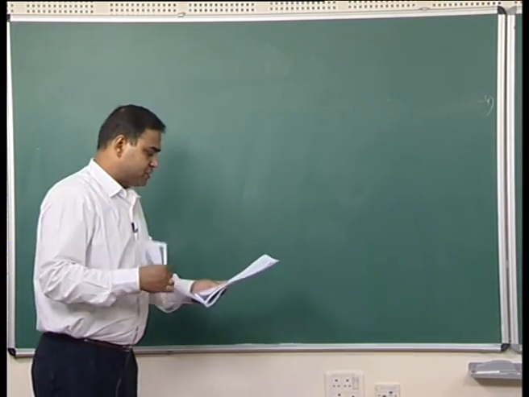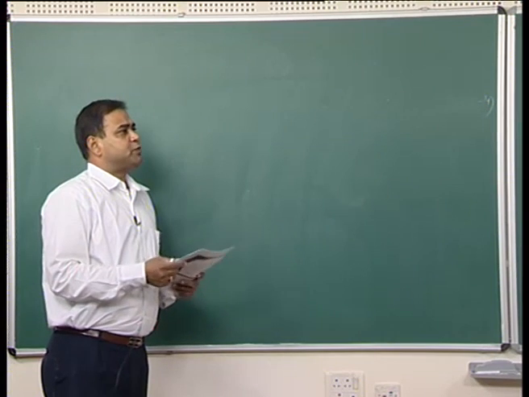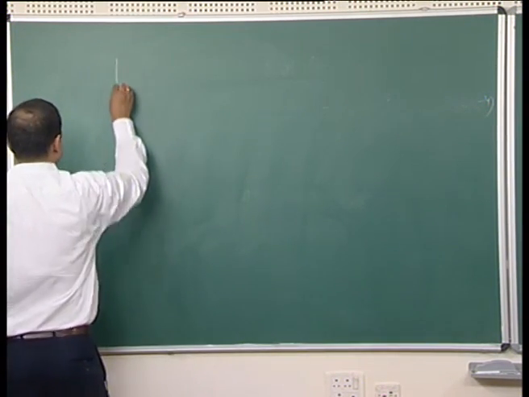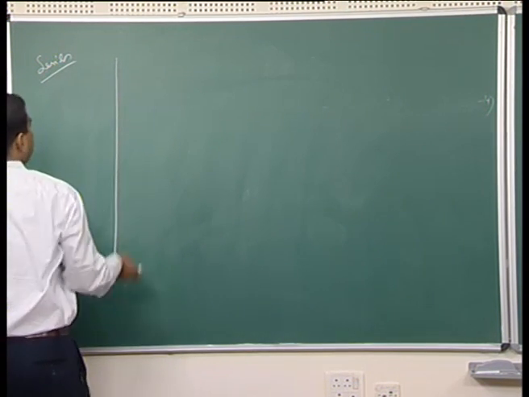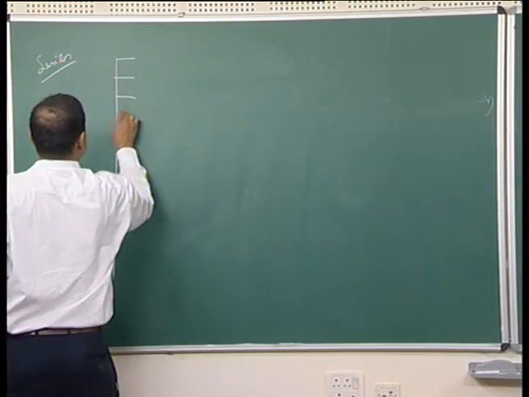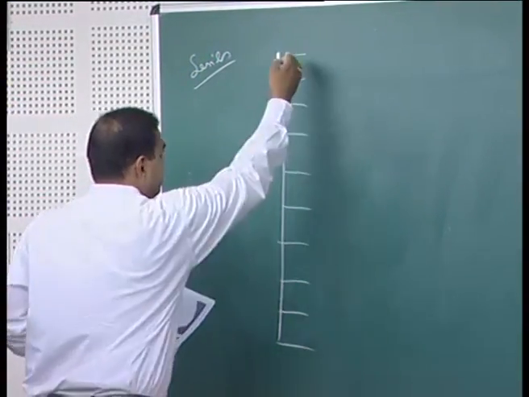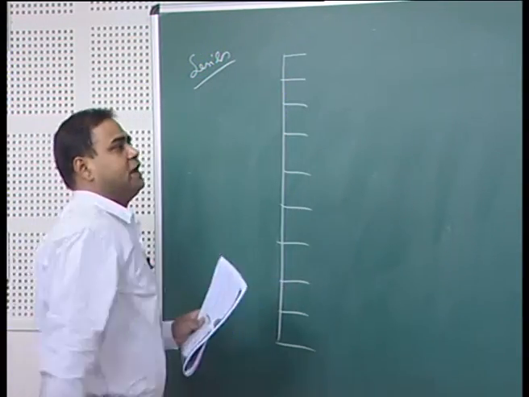So if you consider all the reduction reactions, with all the potential measurements with respect to the hydrogen electrode, then we can have a series. This is a series where you can put all those values of standard reduction potential from a positive value to a negative value.